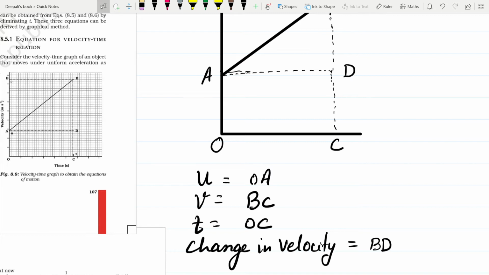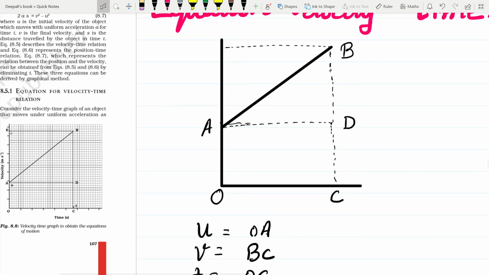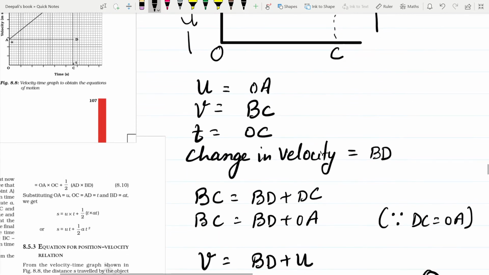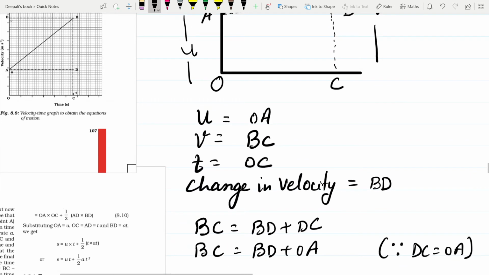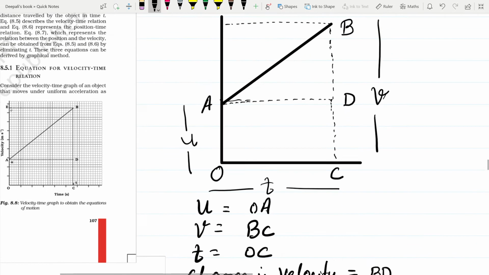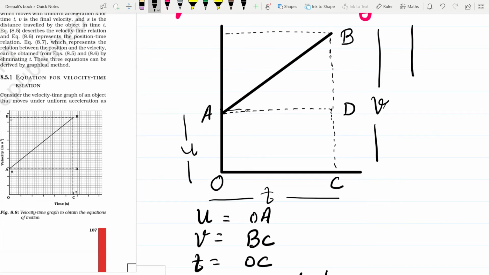Final velocity is represented by v, which is BC according to the graph. And time t is represented by OC. Change in velocity, that is BD, is represented by v minus u.